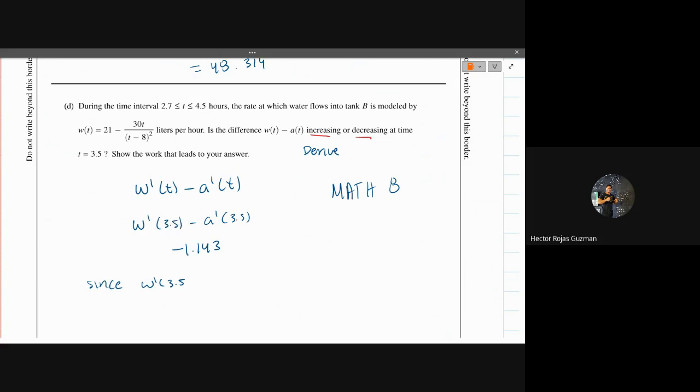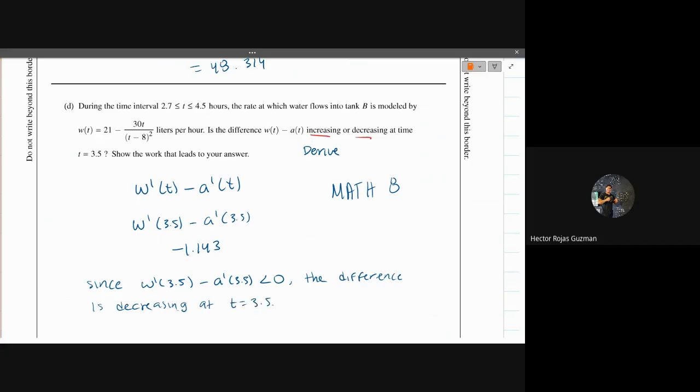That was an ugly parenthesis. W prime of 3.5 minus A prime of 3.5 is negative. The difference is decreasing at t equals 3.5. Perfect.